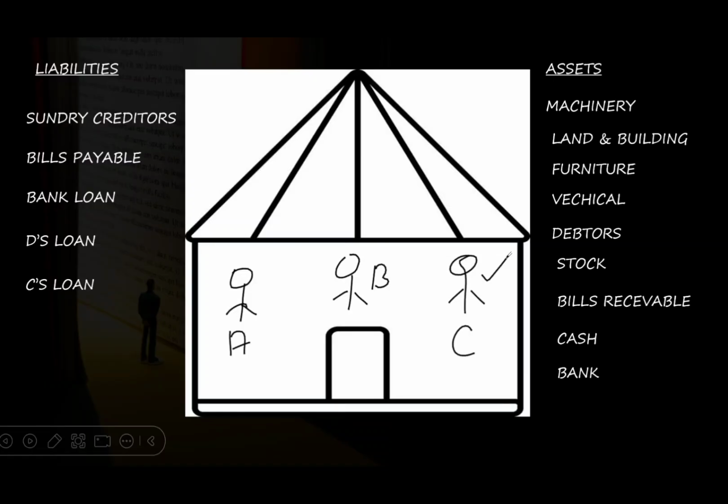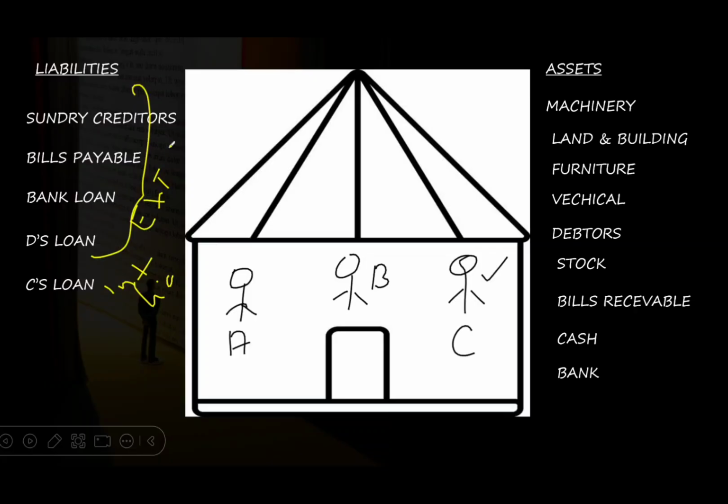C is the internal partner, one among the partners. So the loan which is lent by a partner will be an internal liability. Here C's loan will be an internal liability, whereas all these others are considered external liabilities. These are the liabilities which the firm has to pay off.